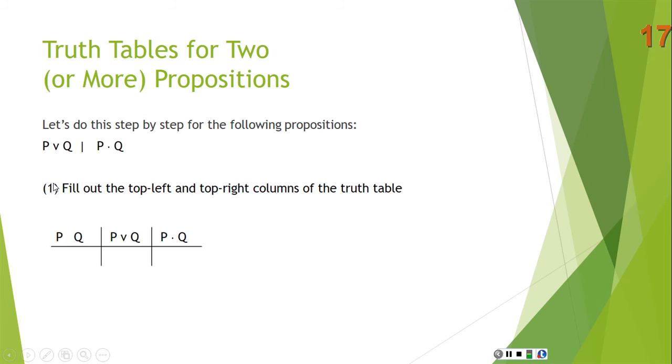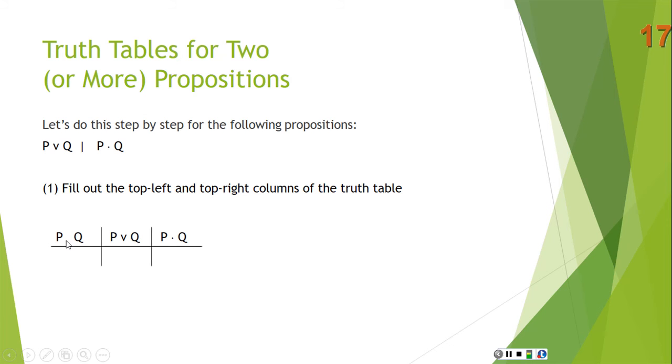You fill out the top left and top right columns of the truth table. Remember, on the very top left, you put the component statements. So the only statements that appear in these 2 statements are P and Q. Those are the only simple statements that appear.